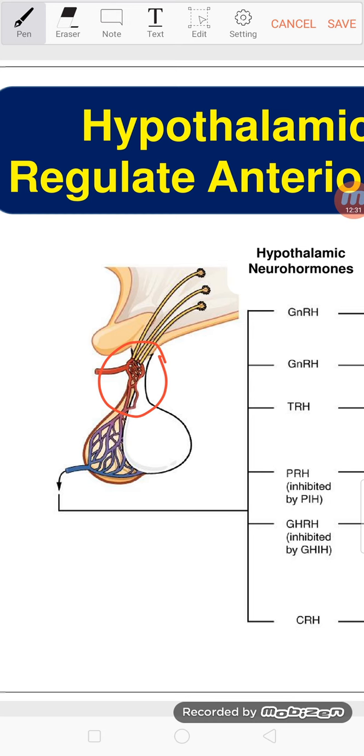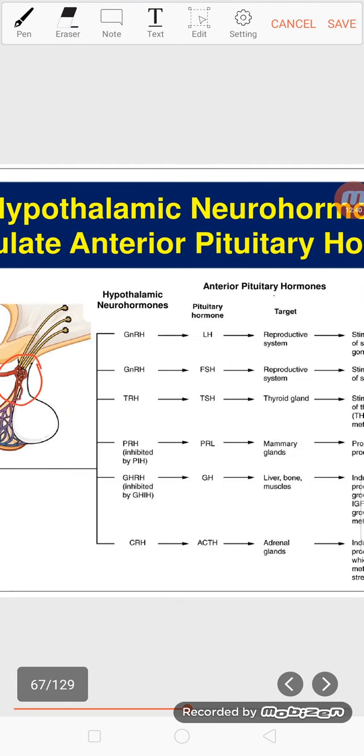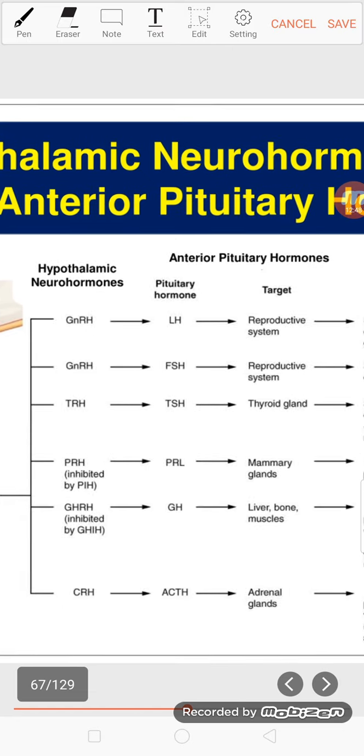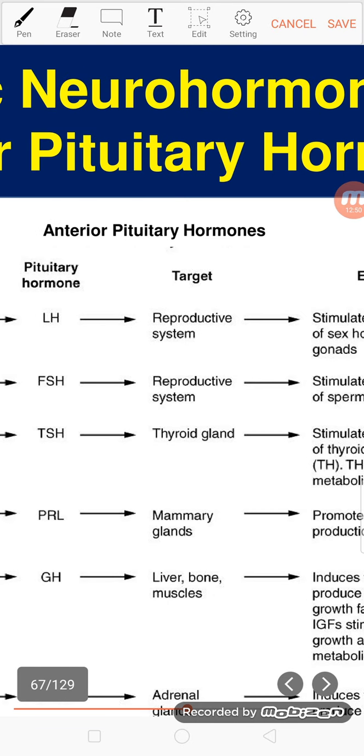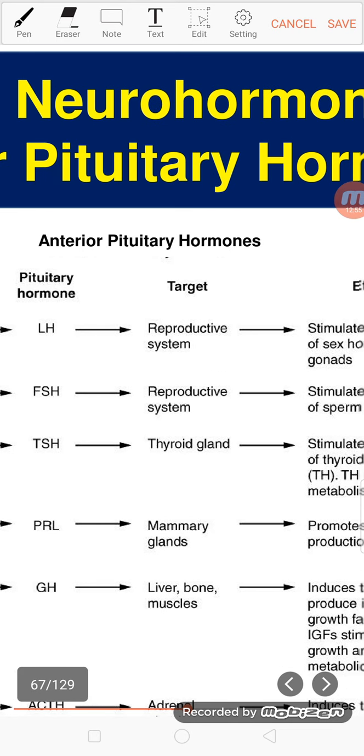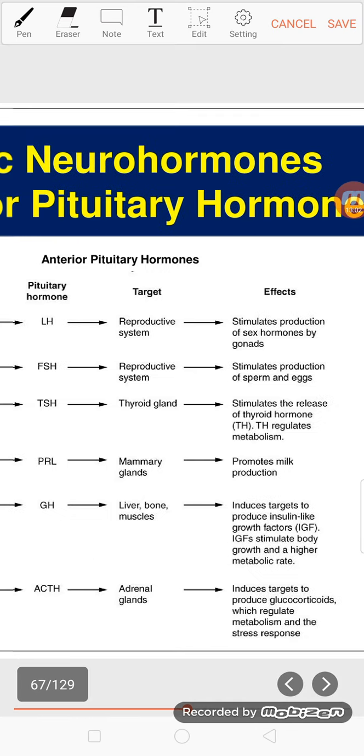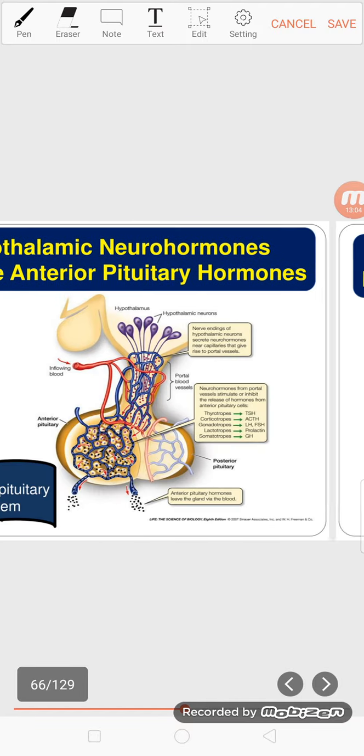It will stimulate the anterior pituitary to activate it and then secrete LH, for example here. LH travels to the blood and goes to the targeted organ, which is the reproductive organ. Then it will stimulate the reproductive organ to release another hormone, which is sex hormones. That is the first example over here.